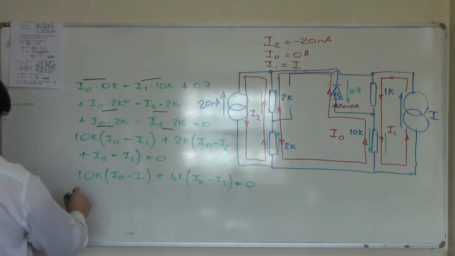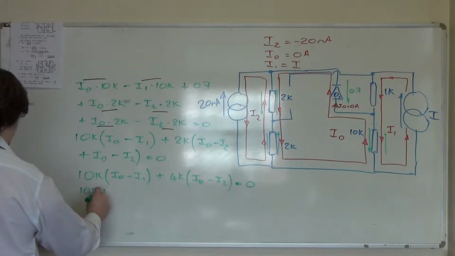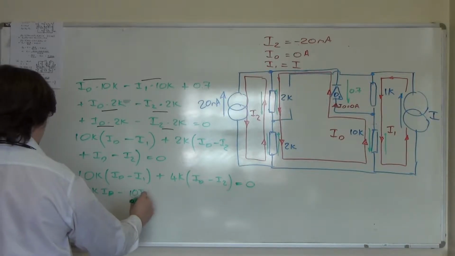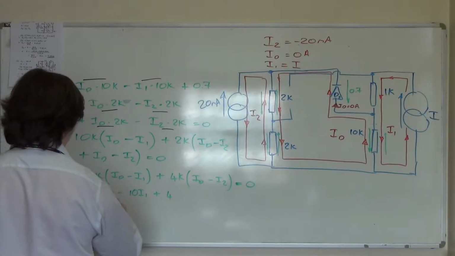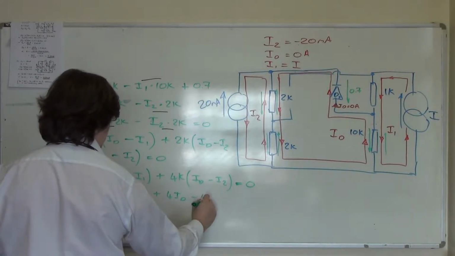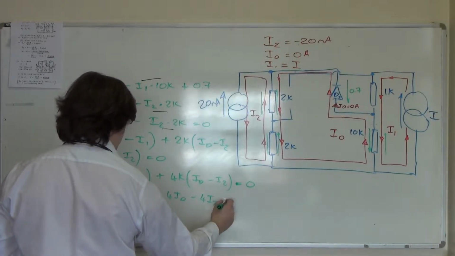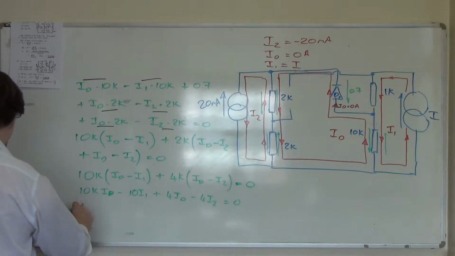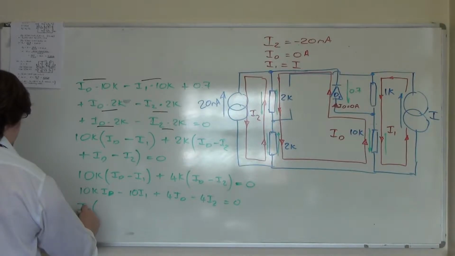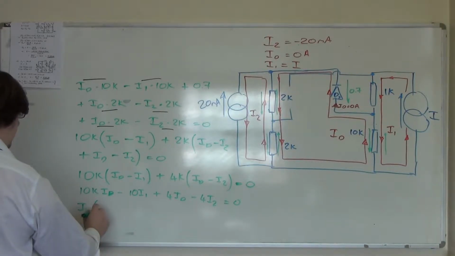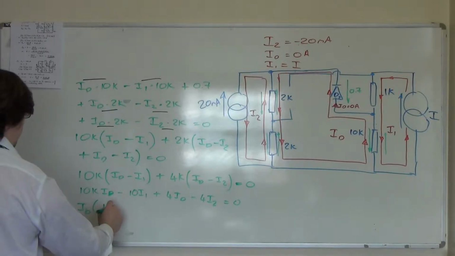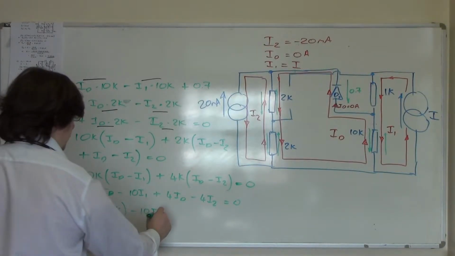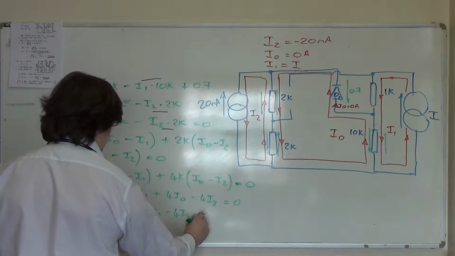So we can have 10K times ID minus 10K times I1 plus 4K times ID minus 4K times I2, all equals 0, and then we can factor in terms of ID and I1 and I2, and we can say ID times 14K minus 10K times I1 minus 4K times I2 is equal to 0.